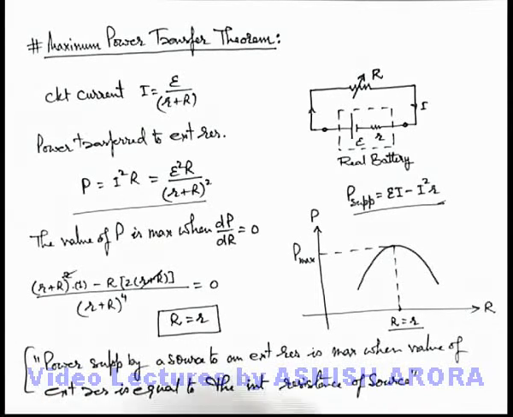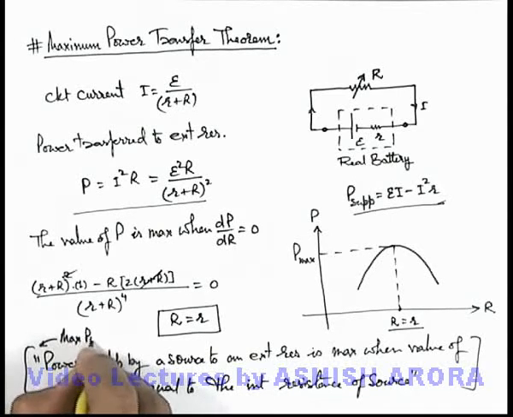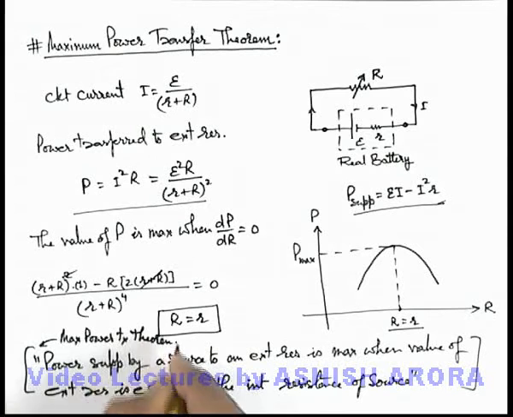This statement is called the maximum power transfer theorem. Just always keep the statement in your mind, and in coming sections we'll take up some applications by using solved examples for the same theorem.